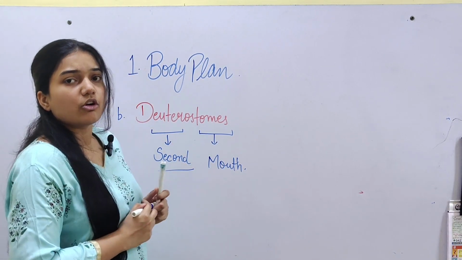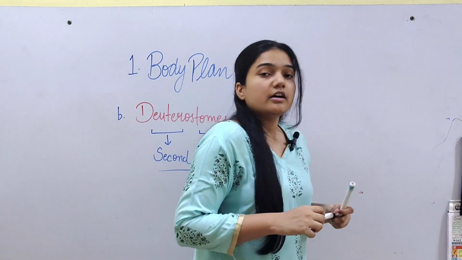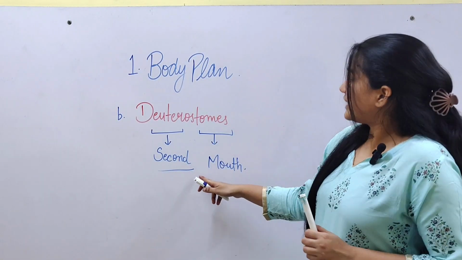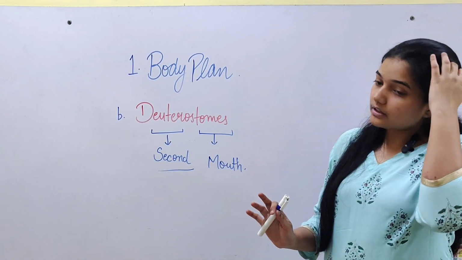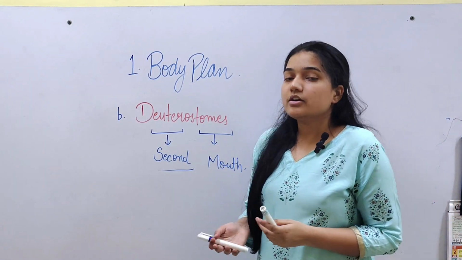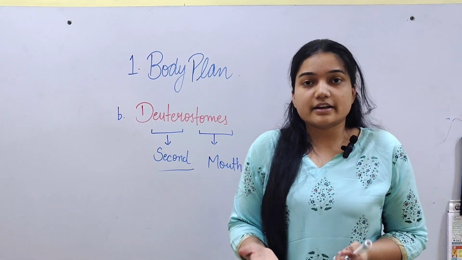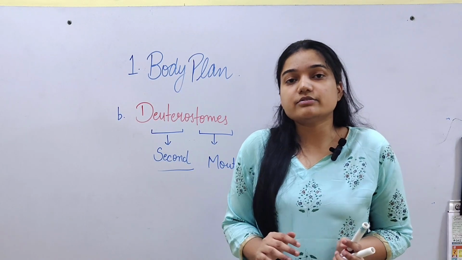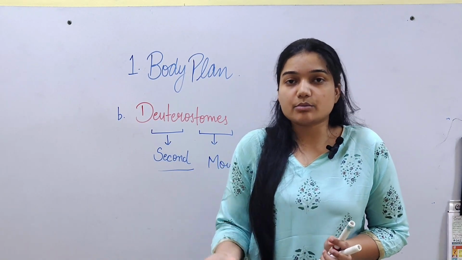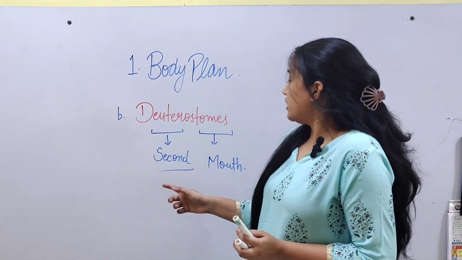In deuterostome organisms, the embryo first makes the anus, and after the anus is formed, it is followed by the mouth.